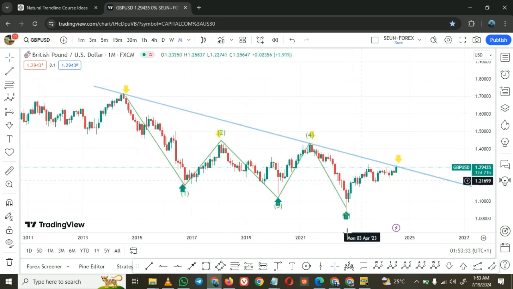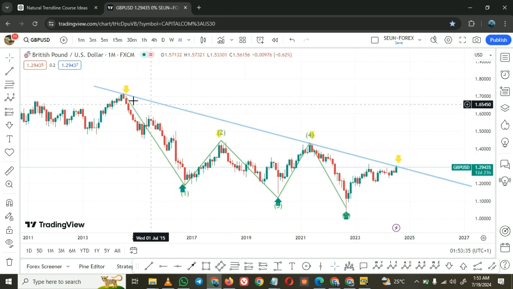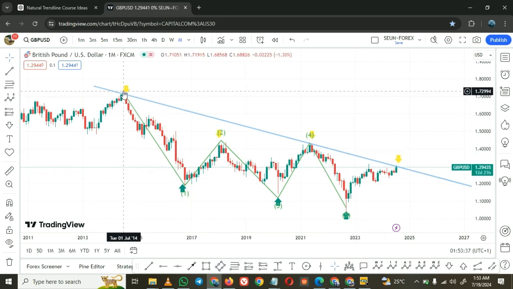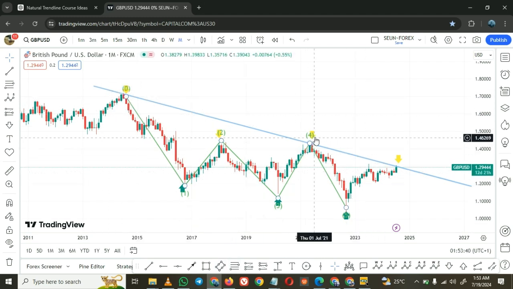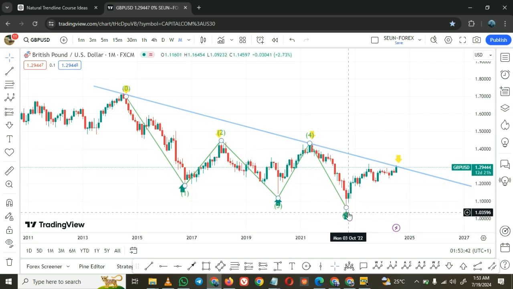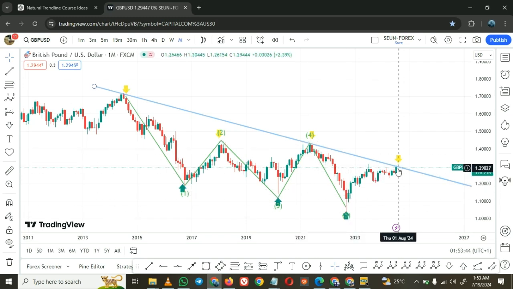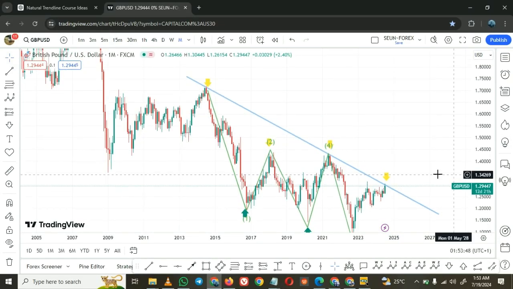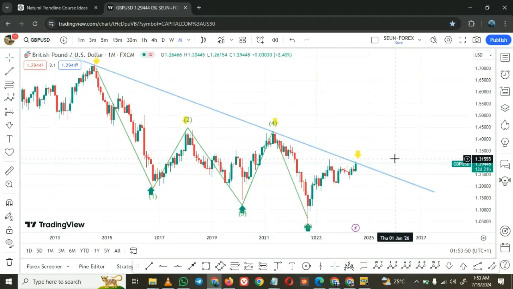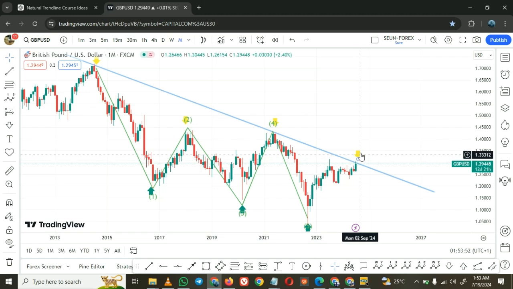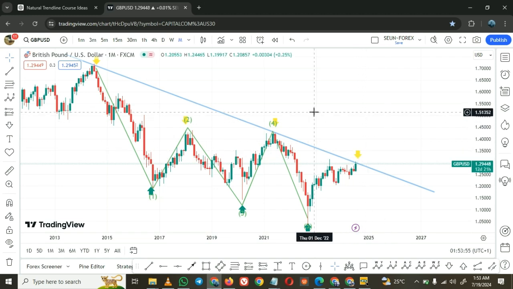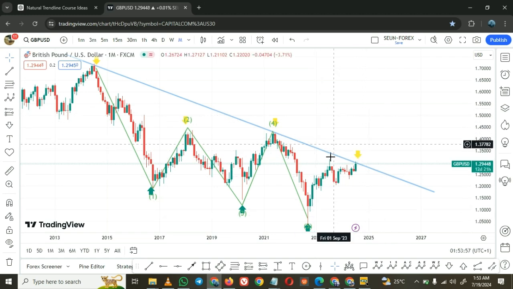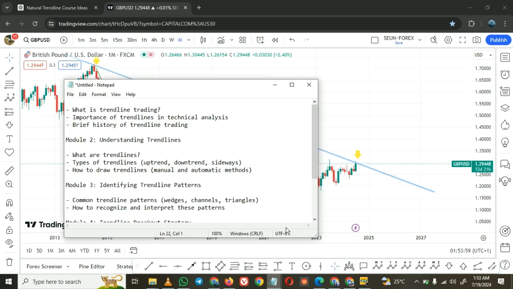And we can easily see that when the market reached this trend line, it pulled back. When it reached this trend line, it pulled back. This is the touch of the trend line, which is one of the amazing opportunities.